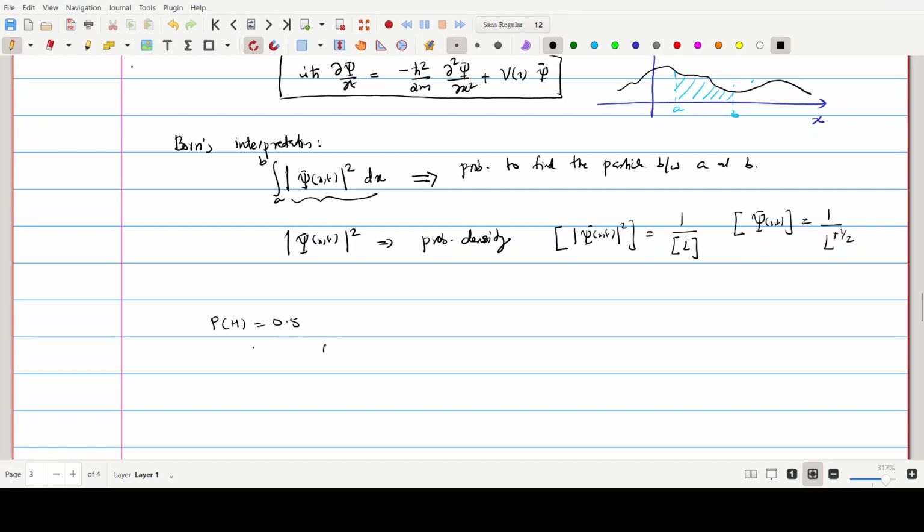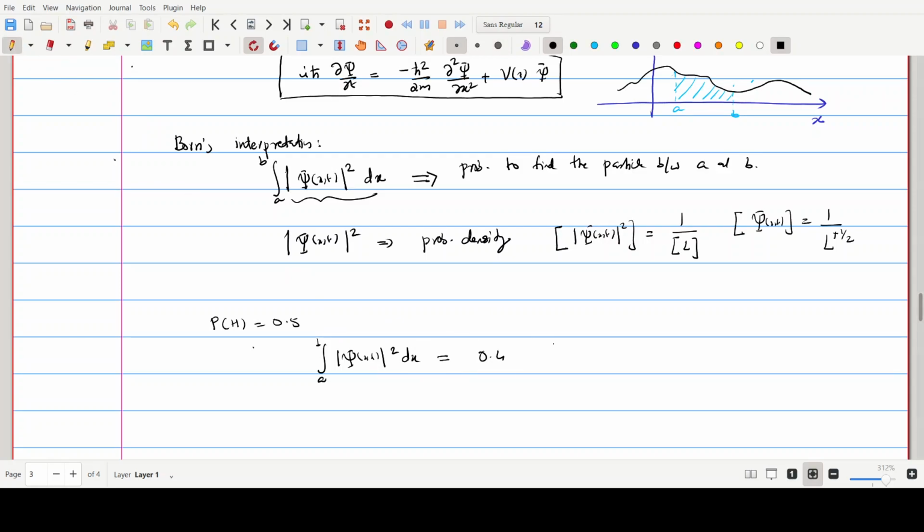For example, suppose the integral from A to B of mod psi square dx gives 0.4.